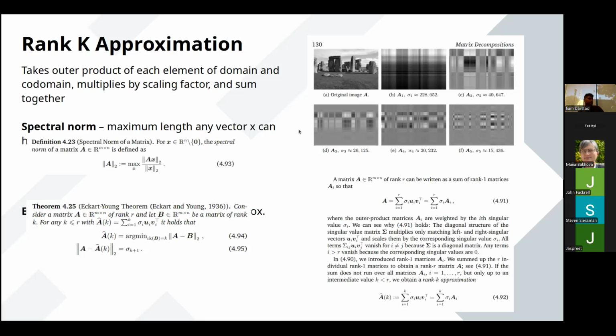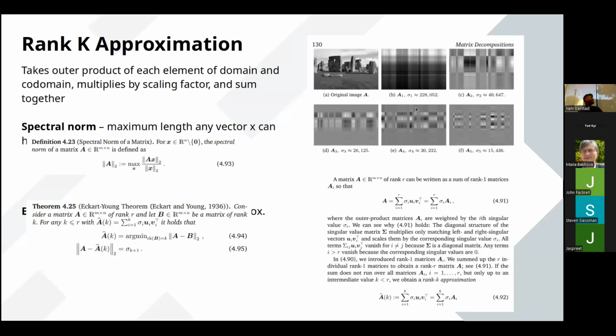And I found this incredibly fascinating. We can kind of see here that we can almost see individual features.